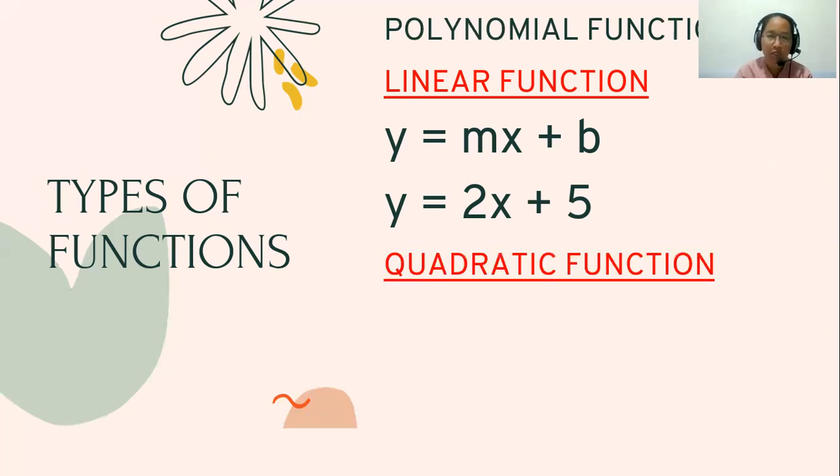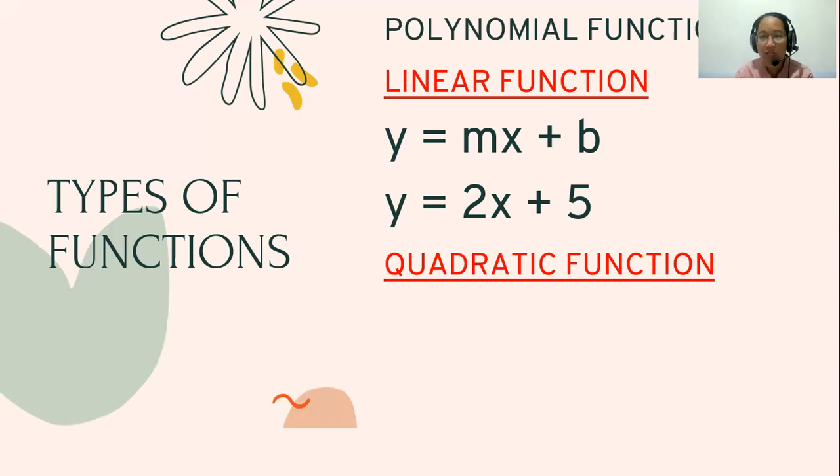The second type of polynomial function is a quadratic function. It is quadratic if the degree of the polynomial function is 2. How do we know that the degree of a function is 2? By simply looking at the highest exponent. If the highest exponent is 2, then we have a quadratic function.